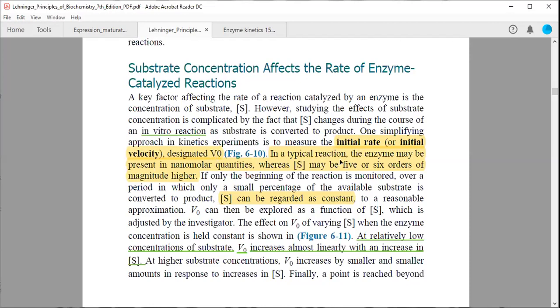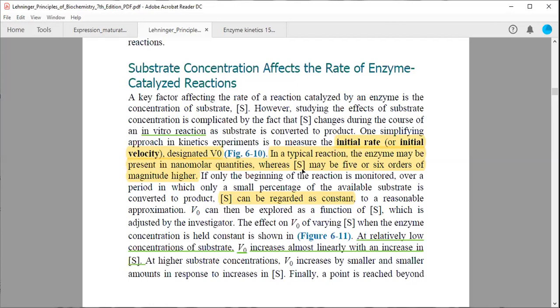And in a typical reaction, enzyme may be present in nanomolar quantities. So suppose in the test tube you are having an enzyme. You know enzymes are present in very low concentrations in living systems, so generally they are present in nanomolar or some lower values.